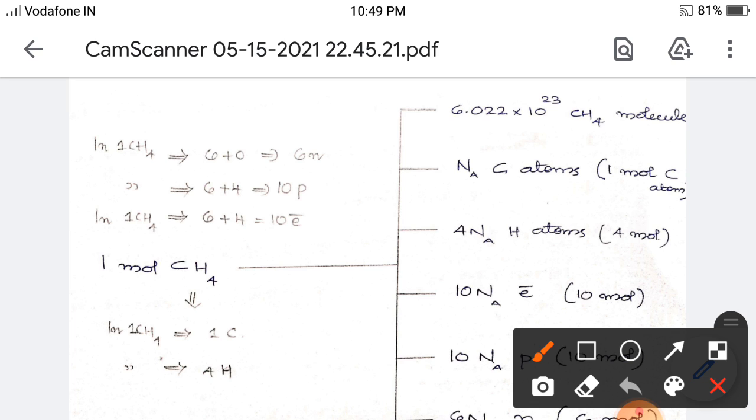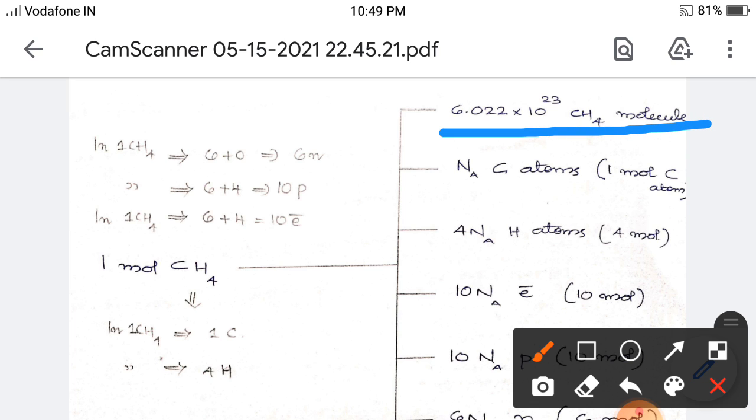I am explaining how many carbon atoms, how many hydrogen atoms, and so on are present in 1 mole CH4. So 1 mole CH4 means 6.022 × 10^23 CH4 molecules.